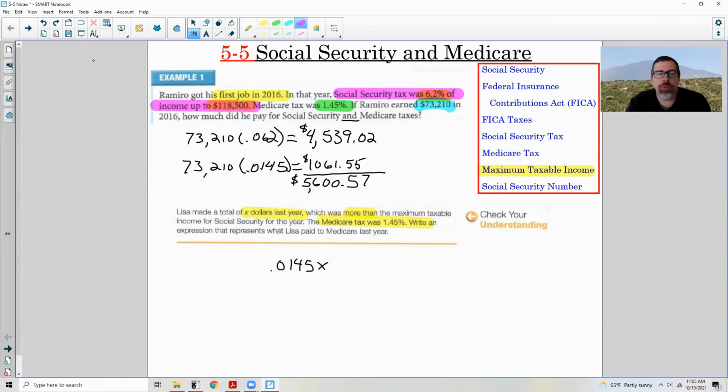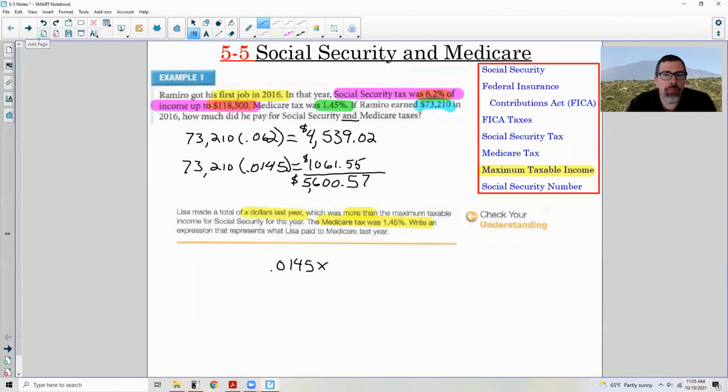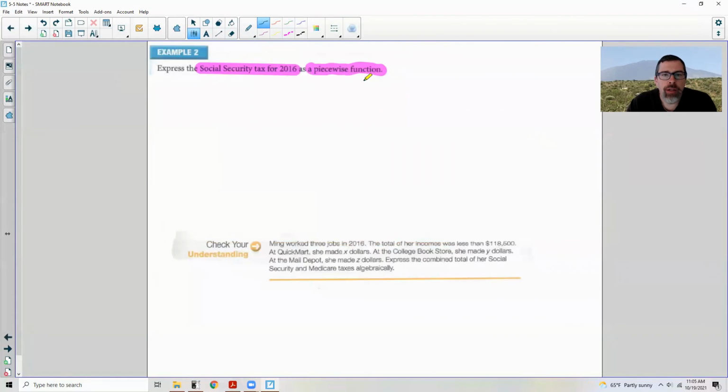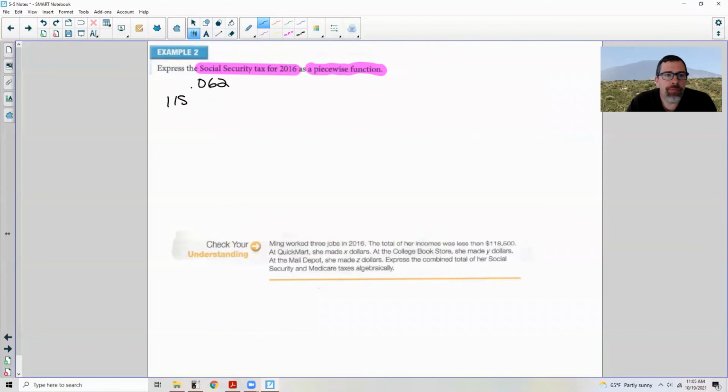That is the information we're going to use for example 2. So 6.2%, it's going to be 0.062 and up to 118,500. Those are the values we're going to use. And we have to do a piecewise function. So let's just call it f of x.